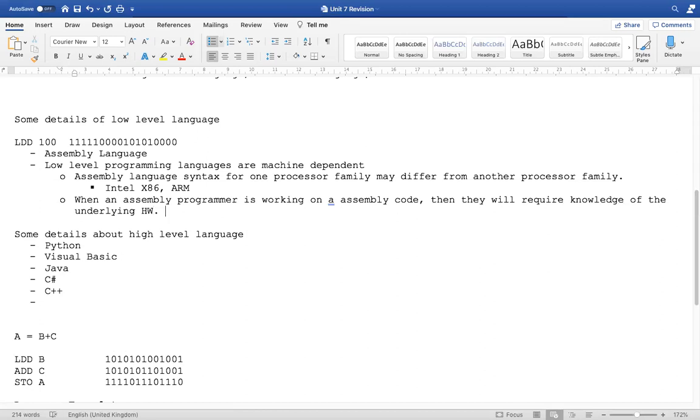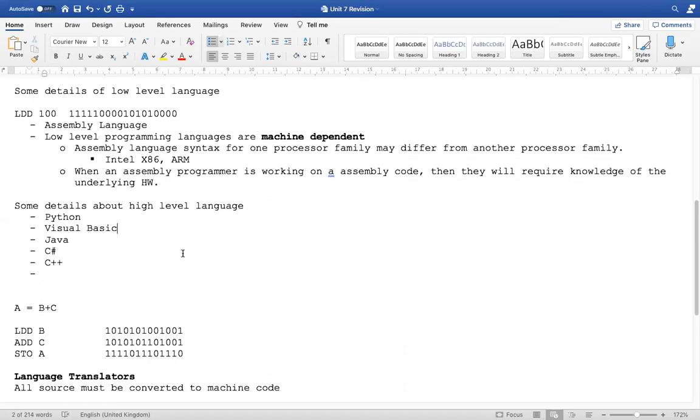If they have no idea what processor they're working on, they might end up writing the wrong assembly language syntax. So that's why, when you're working with a machine dependent language, the underlying architecture has to be made part of your knowledge. You have to know what machine the assembly language code will be working on. You have to adjust your code according to the underlying architecture. So this is what it means for something to be machine dependent.